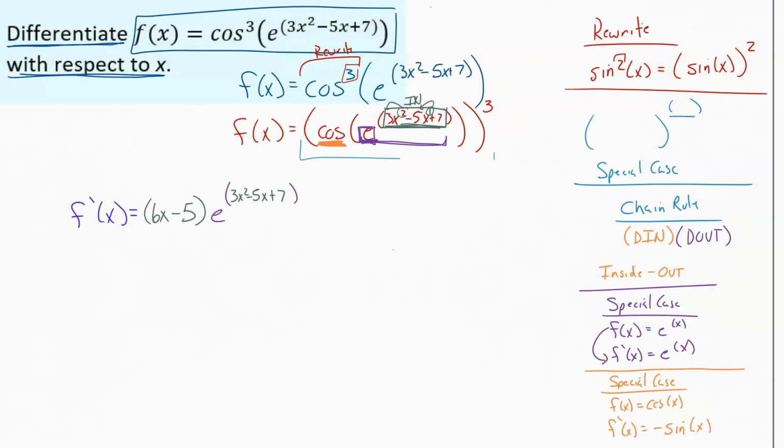So applying that here, remember when you've got that negative, make sure you put parentheses. They will love to read that as a minus instead of a times a negative if you don't. So the derivative of cosine is negative sine, and then we leave alone all the junk we already took the derivative of. So we leave alone inside here e to the 3x squared minus 5x plus 7.